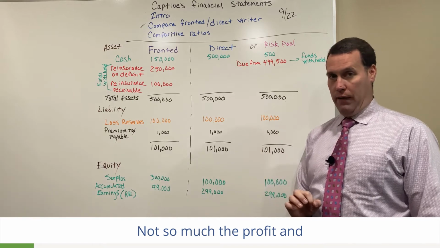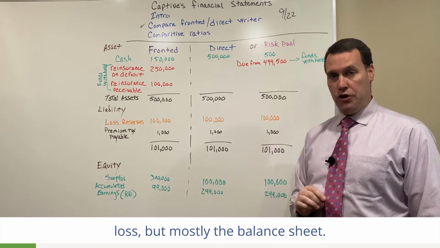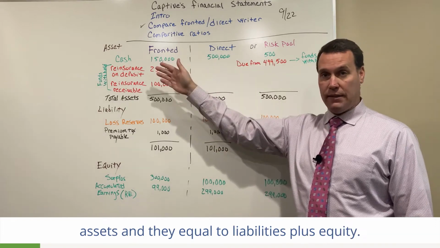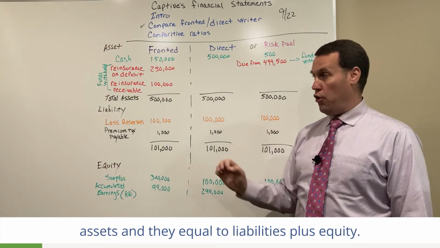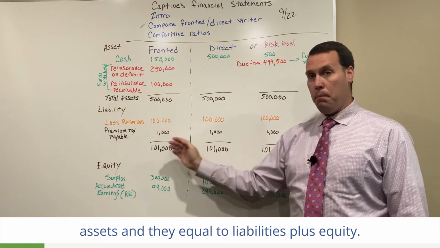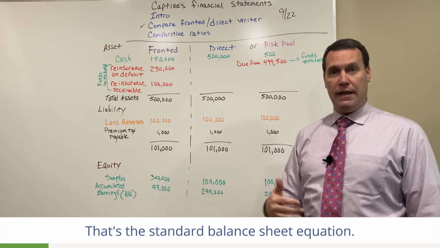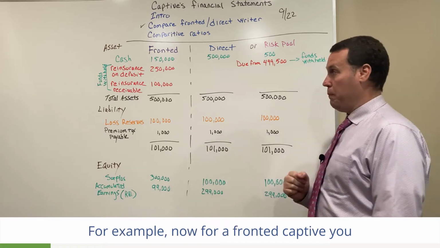Not so much the profit and loss, but mostly the balance sheet. Within the balance sheet, you're going to see assets, and they equal liabilities plus equity. That's the standard balance sheet equation, for example.